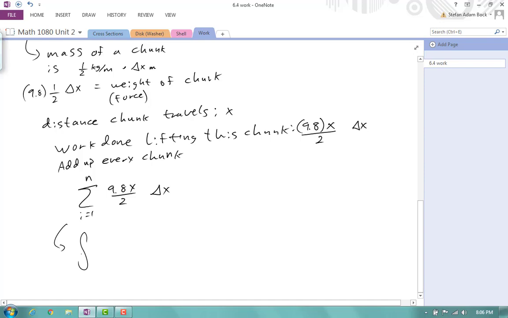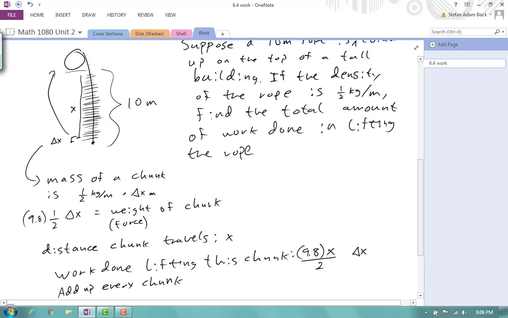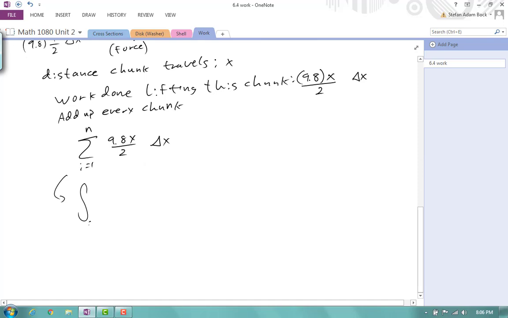Well, what are my x values at which I have chunks of rope available? Well, that's from 0 up to 10. So I'll be integrating from 0 to 10, and I'll be calculating the work for each chunk as far as it needs to travel.